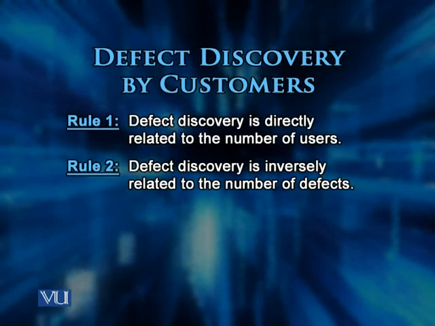And that is that the process of defect discovery is inversely related to the number of defects. And that means that if there are many, many defects in the software product, then the process of discovering them, the process of finding them, is inversely related.